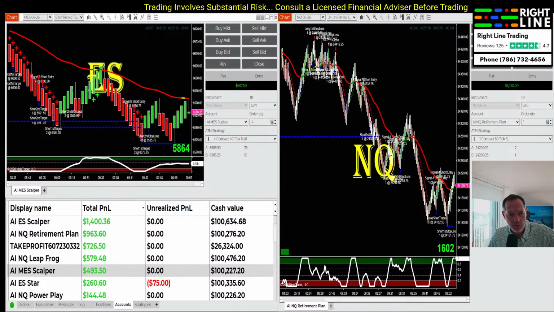Trying to find a bottom in the market. So we're kind of bouncing here a little bit in some chop. Might take a short trade here, it looks like.